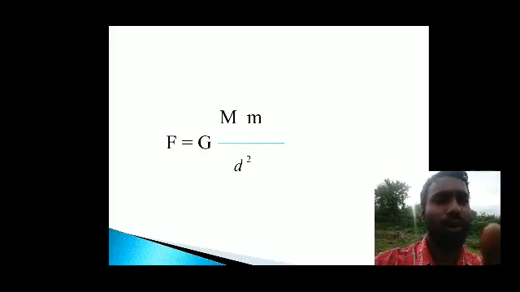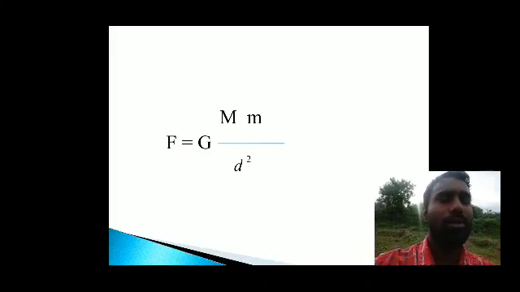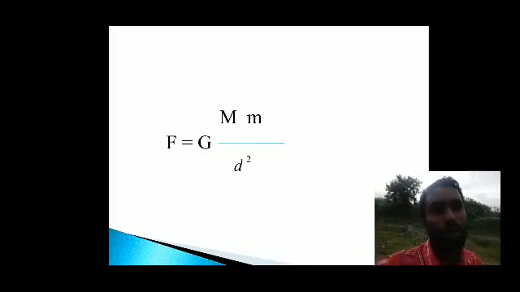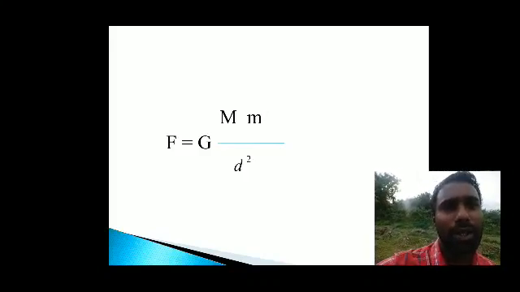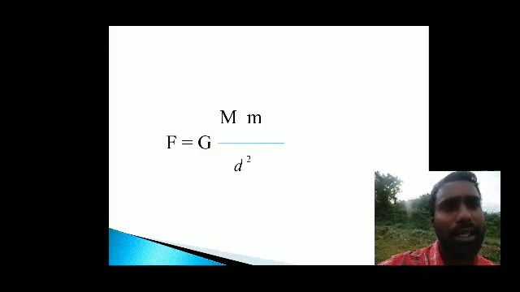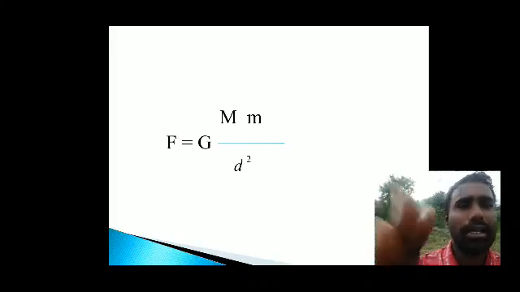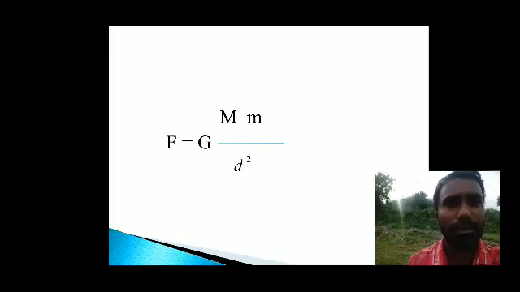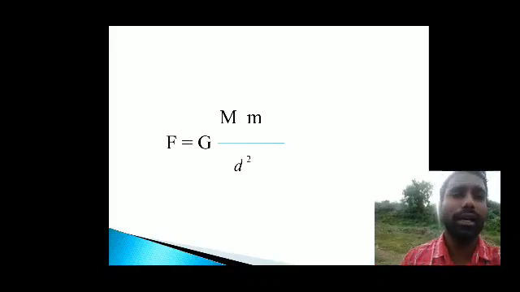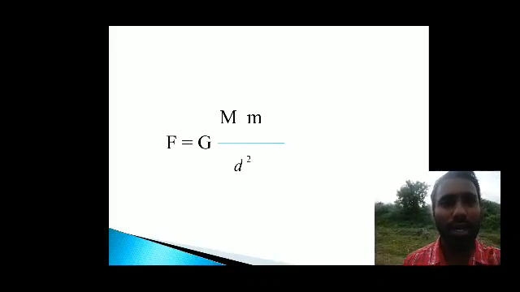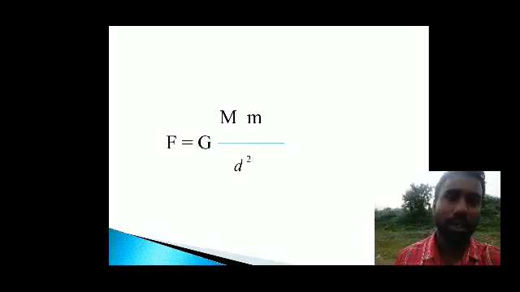If you know the force value, the distance value, and the masses of the two objects, you can find G. Just keep G on one side and everything else on the other side. d square will come with division, and M m will be taken away, so division will come. So F d square divided by M m is equal to G.